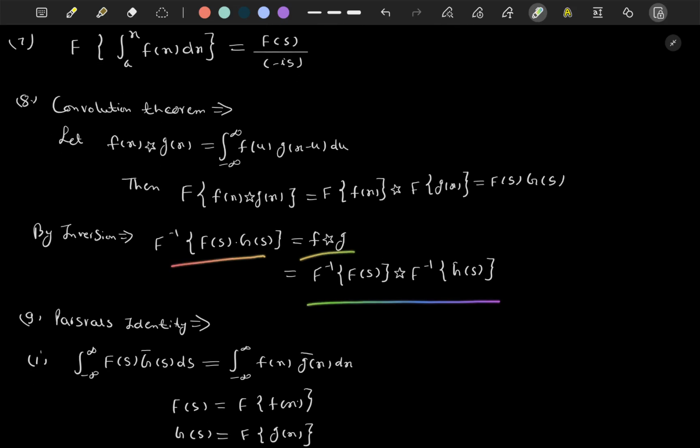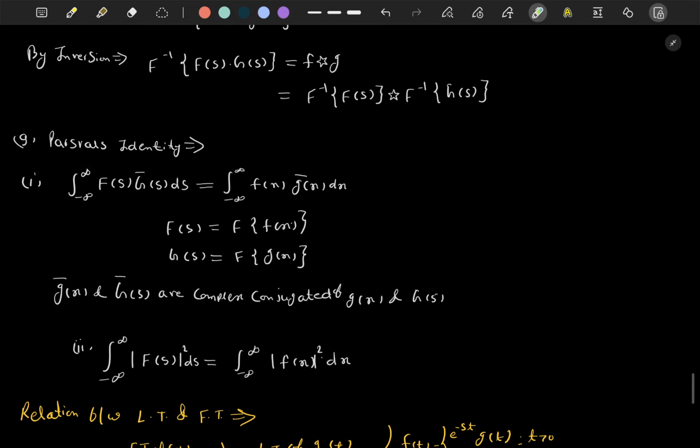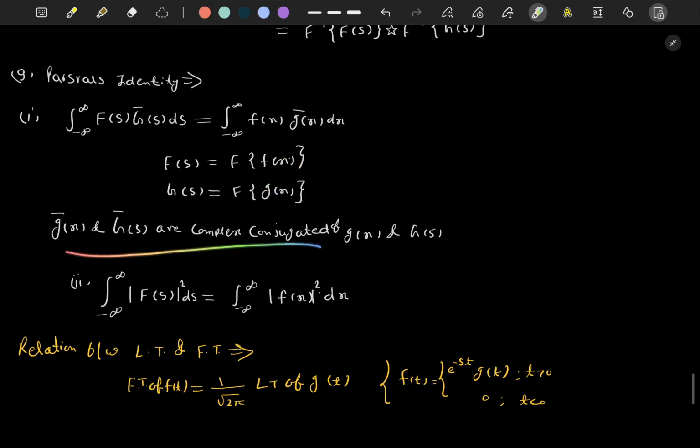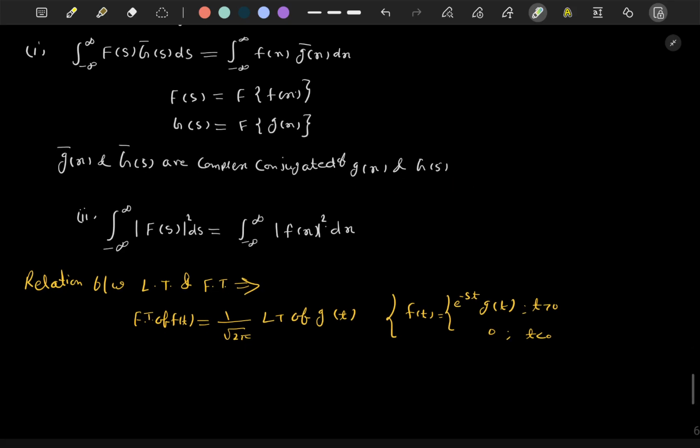Simply we are doing it in s and x. Now what is Parseval's identity? Look at this. The integral from minus infinity to plus infinity of F of s times G bar of s ds will be equal to the integral of f of x times g bar of x dx, where F of s is the Fourier transformation of the function f of x and G of s the Fourier transformation of the function g of x, and g bar x and G bar s are the complex conjugates of g x and G s. So the integral from minus infinity to plus infinity of F of s square ds is equal to the integral of f of x square dx. It is called Parseval's identity.